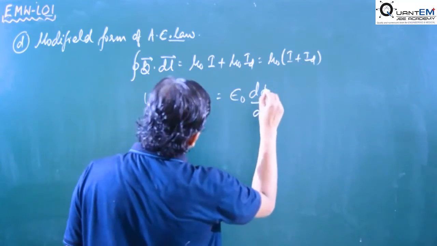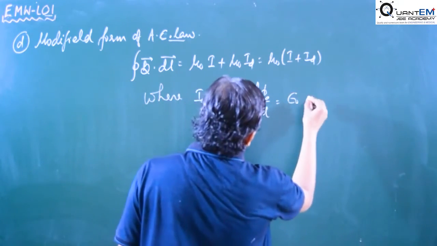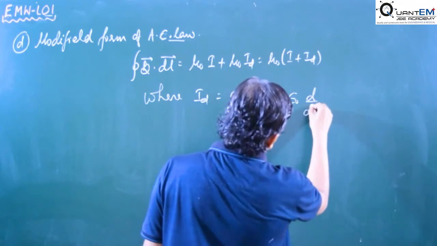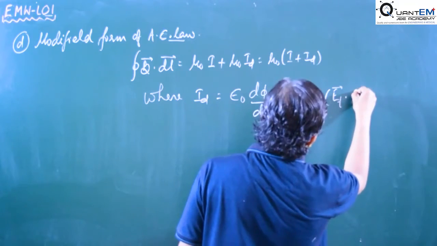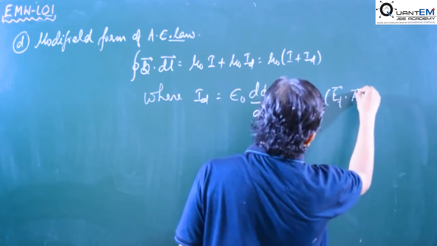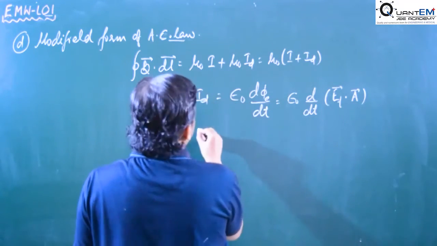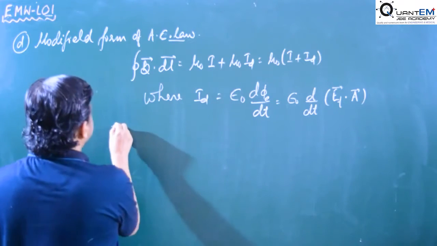We derived it just now; it is epsilon naught d by dt of E dot A.